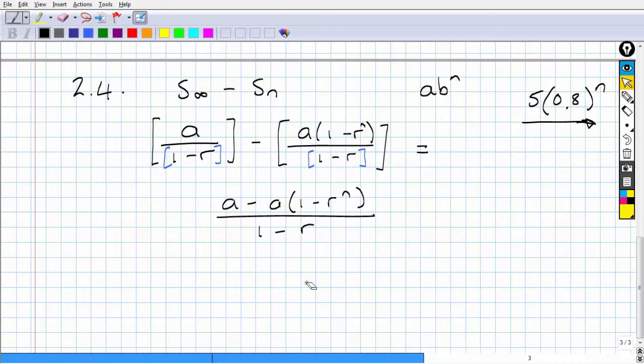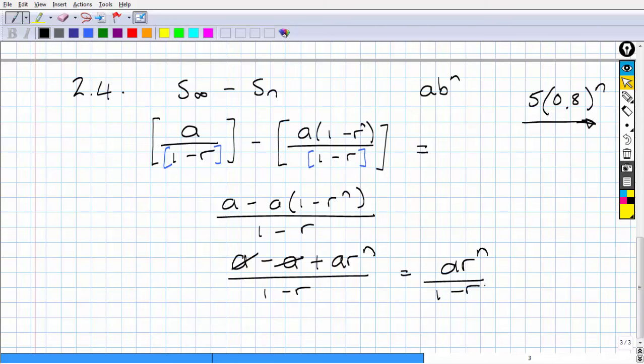Okay, so we can expand this by saying, well, a minus a times 1 is just a, minus a times that is plus a r to the power of n, divided by 1 minus r, and that simplifies out nicely because the a's cancel to a r to the power of n divided by 1 minus r.